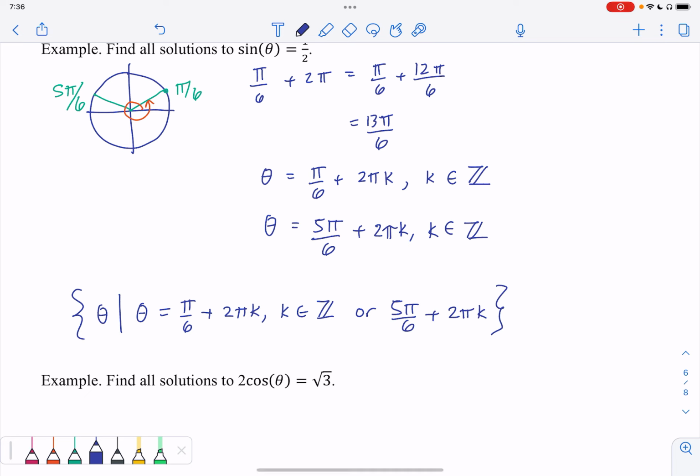And since you've already defined k over here, let's do it again, because there might be some different condition here. So we'll just say where k is an integer. And this says that as long as theta satisfies either this condition or this condition, it will be a solution to that equation.